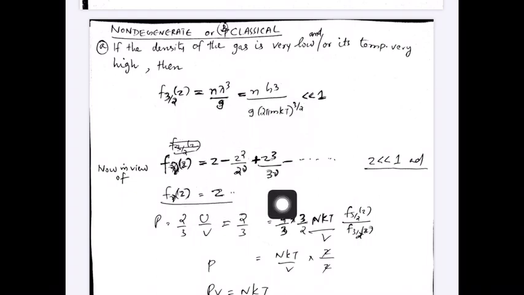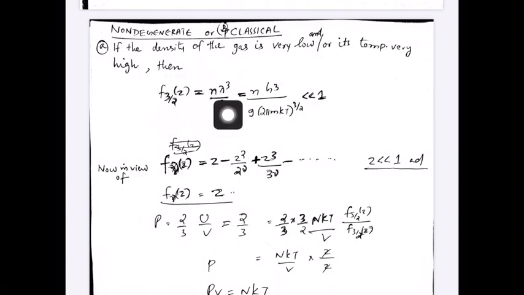Z is very small, so we can generally write f_ν(z) equal to z. If the density is very low and the temperature very high, then f_{3/2}(z) is very small.